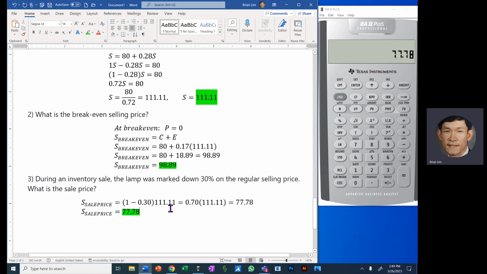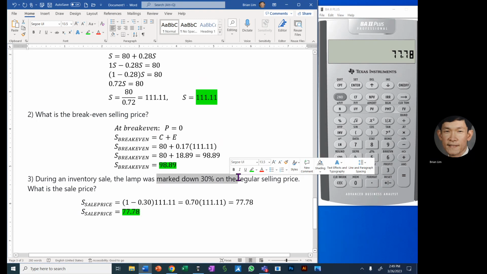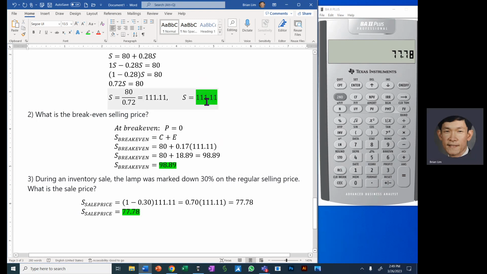Just in case you wanted to get the markdown first, 30% on the regular selling price. So this is the regular selling price. So let's go 30% times 111.11, which is equal to 33.33. That number now has to be subtracted from 111.11.